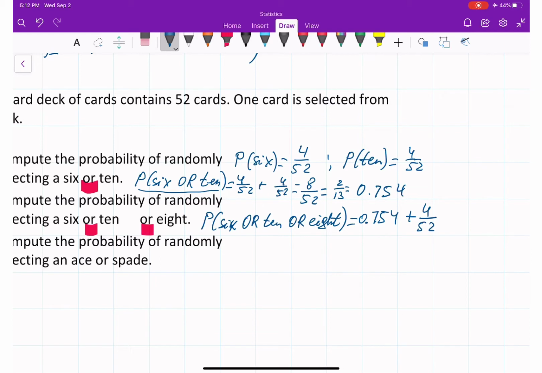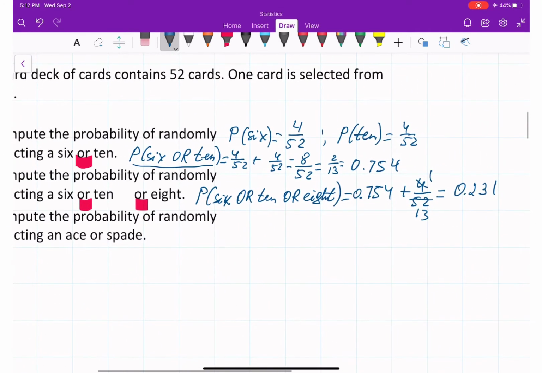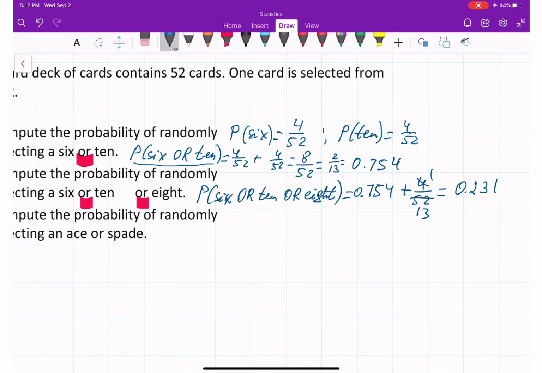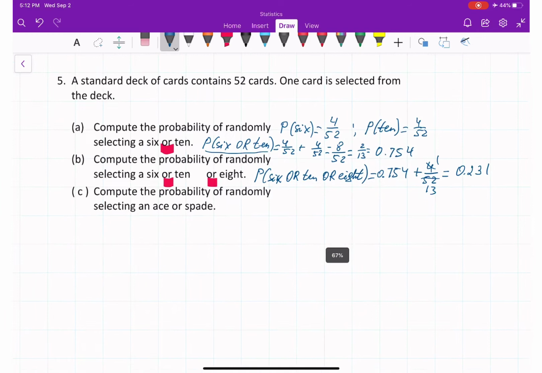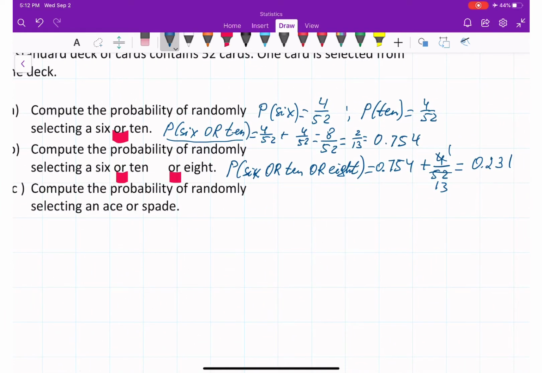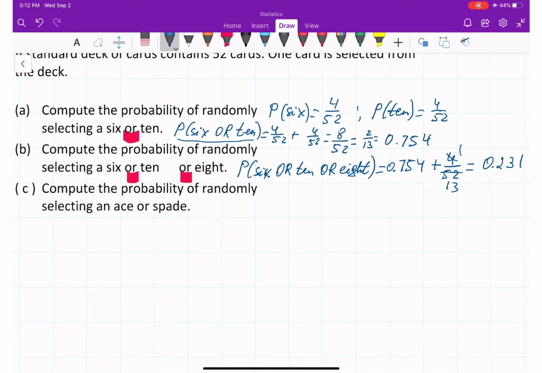If you convert 4 over 52, dividing by 4, it's 1 over 13. 1 divided by 13, and you add 0.154. It is going to be 0.231. Okay, so 23.1%.